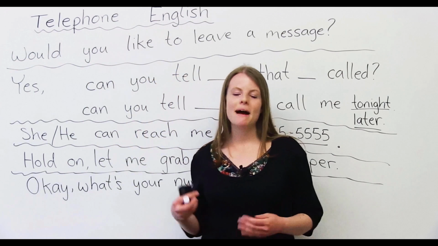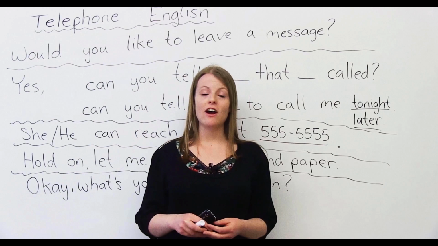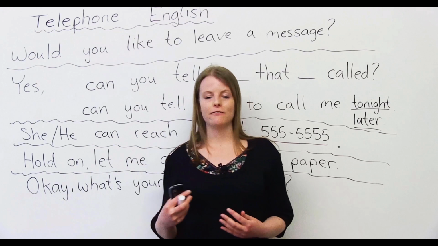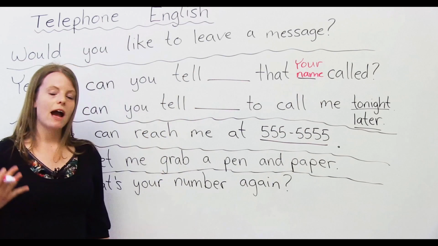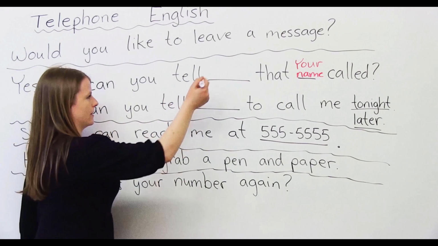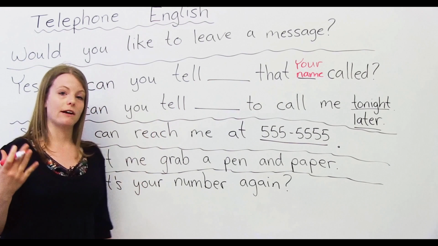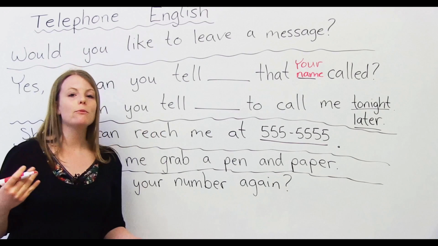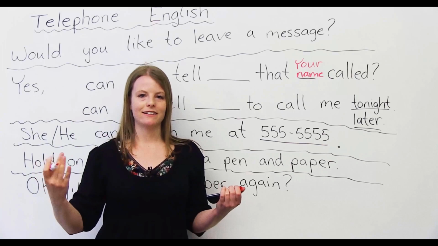Hi there, my name is Emma, and in today's video we are going to learn some more telephone English. The person you have the message for goes here. So this is the person you have the message for. So if you were calling me, Emma, I'm calling you. You didn't get a hold of me, you want me to call you back.